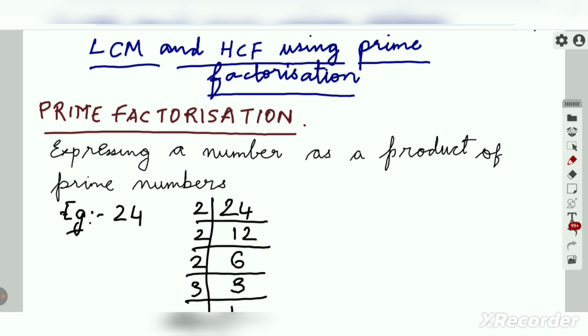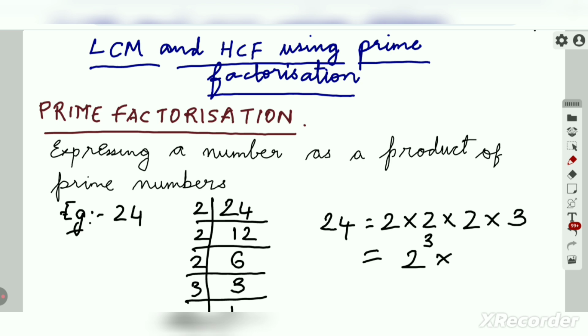We'll do it till we get 1. So 24 can be expressed as 2 into 2 into 2 into 3. It is a product of prime numbers. So this can be further written as 2 cube into 3. This is how 24 can be expressed.